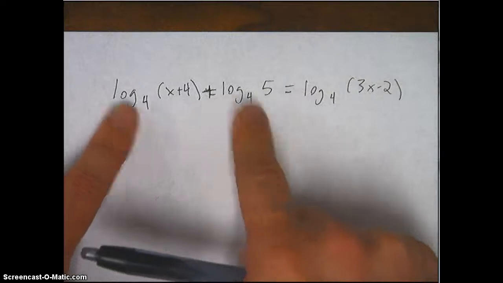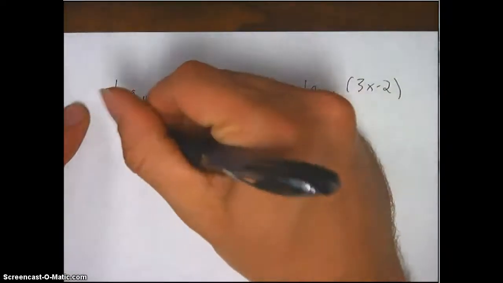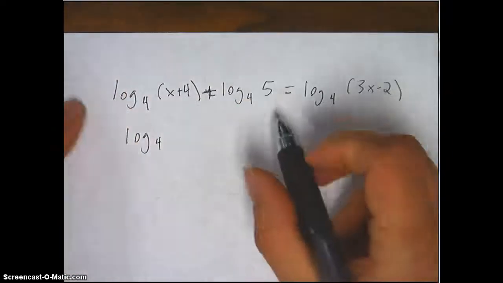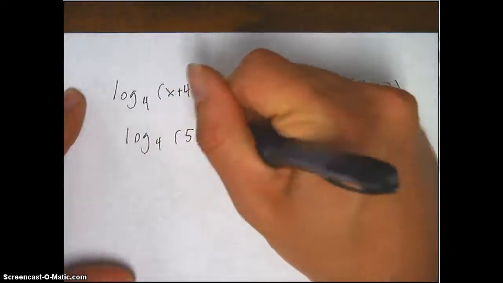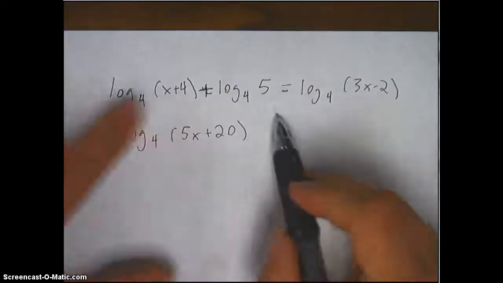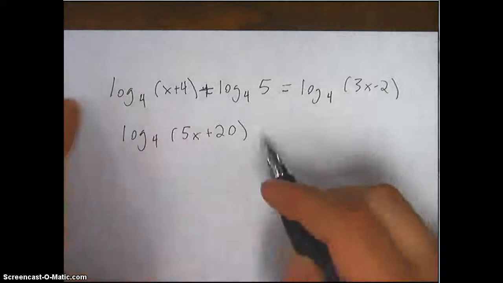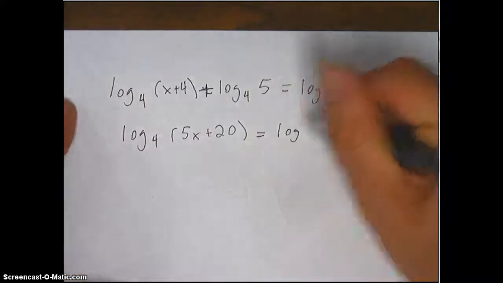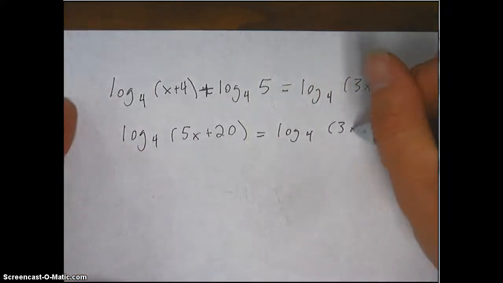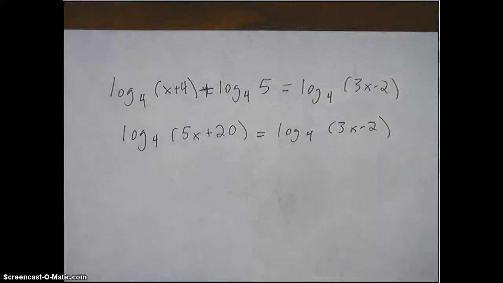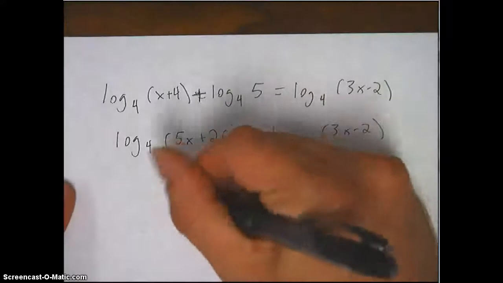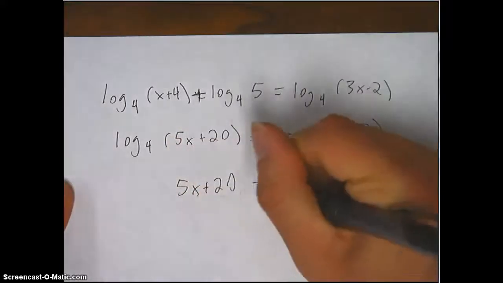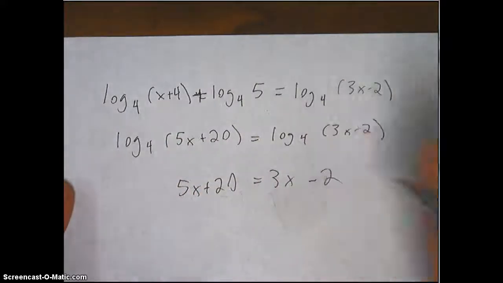And since there's a plus sign, we can combine them by way of multiplication. So that's going to be 5 times x plus 4, or 5x plus 20. 5 times x is 5x, 5 times 4 is 20, equals log base 4 of 3x minus 2. Now that the bases are the same, I can go ahead and ignore the logarithms and set the 5x plus 20 equal to 3x minus 2.